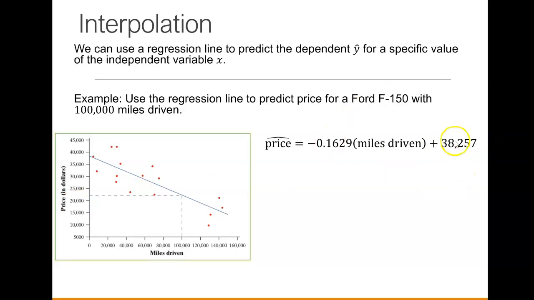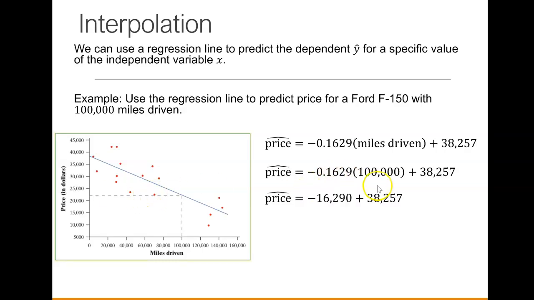If you had just the equation, you'd have to plug it into the equation. If you had both of them, you could take your pick, right? So what does it appear that price should be? 22,000 or so? You buy that? So we plugged it in and we get just about 22,000.